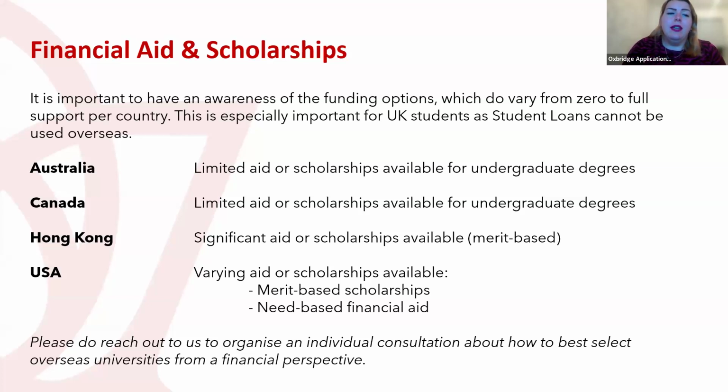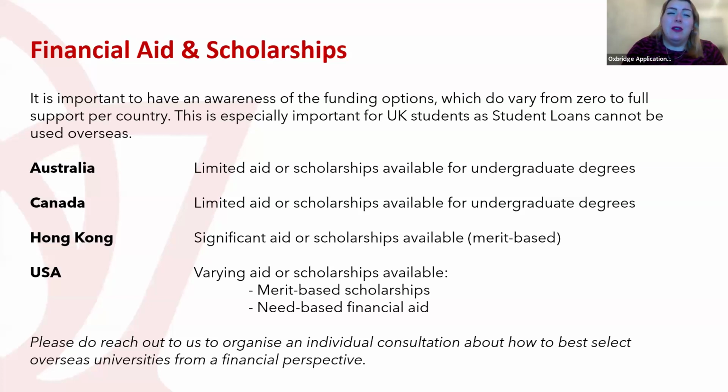So looking at places like Australia and Canada, there is unfortunately limited aid or scholarships available for undergraduate degrees. The reason why is that it's similar to the UK, where most of that aid goes to the master's degree level studies.